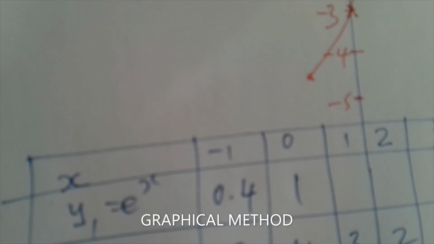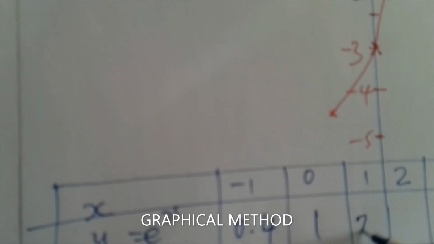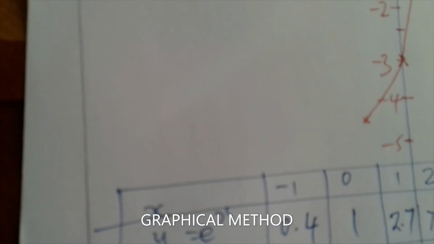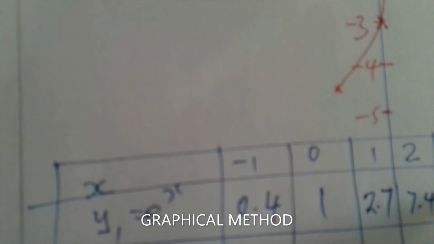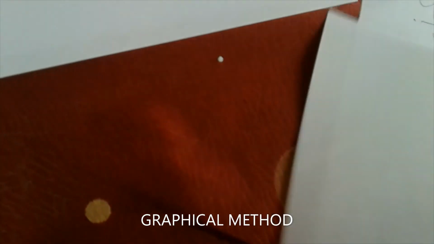When you put 1, it gives 2.7. If you put 2, it gives 7.4. If you put 3, it gives 20.1. And you draw a graph again.